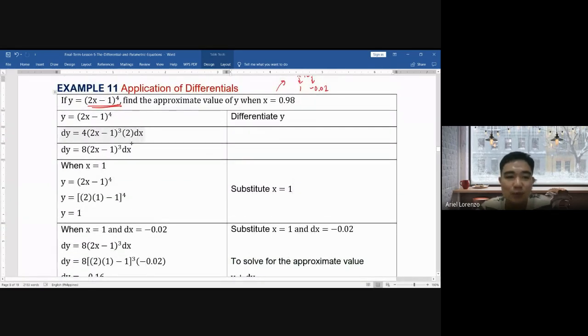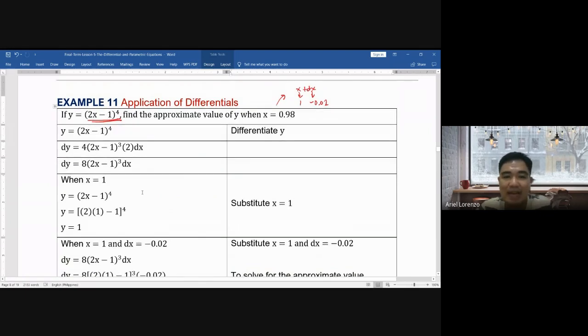Okay, so we need y and dy. So first is that we have your x, which is equal to 1, and then your dx is negative 0.02. So yung y mo, class, is the quantity (2x minus 1) raised to 4. And then, kinuha niyo yung dy, which is baba, copy the base, (2x minus 1) cubed, derivative ni base 2, times differential of x.